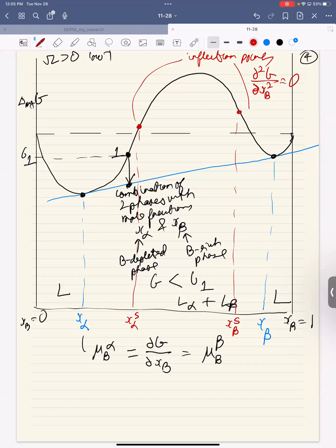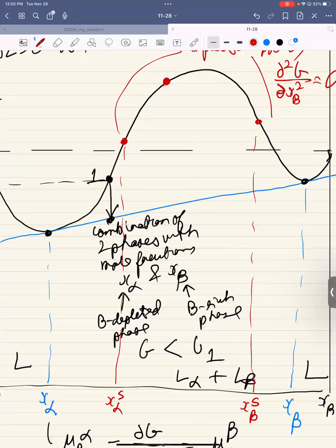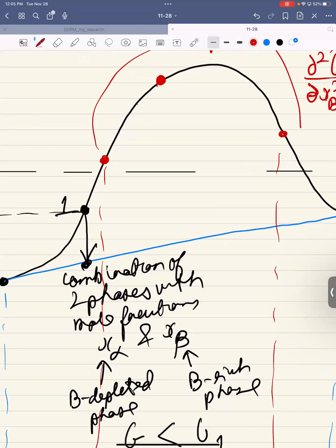Something very interesting happens between these two points, and let's see if I can do a good job of explaining it. Now, let's say you are sitting at this concentration on the top, okay? And let's zoom in. From here, you decide to split into a combination of this concentration and this concentration, okay?